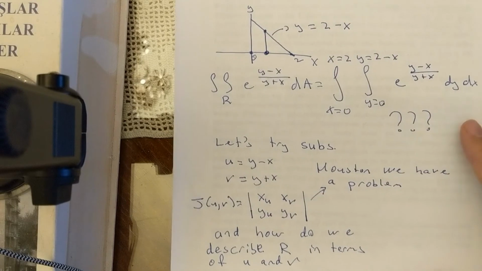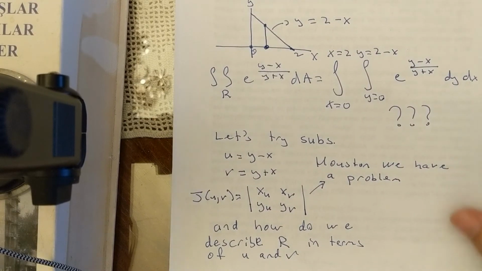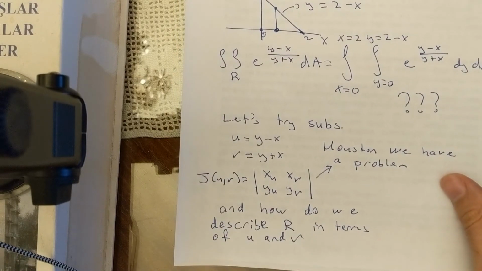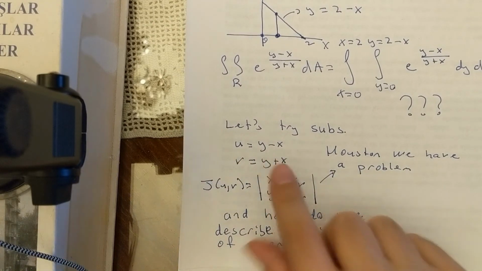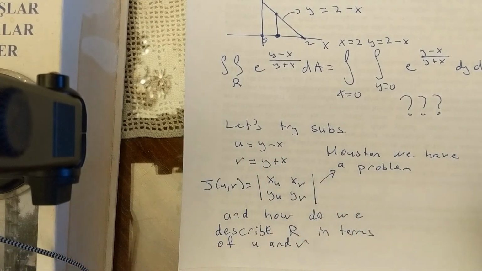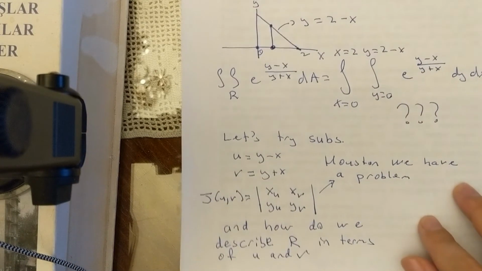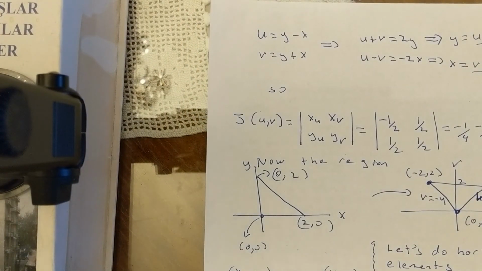I will say, have no fear. Your friendly neighborhood mathematician is here. If we do this slowly but surely, we'll get someplace. So first, we don't like this. Our idea was not to write u in terms of x and y and v in terms of x and y. Just the opposite. We want to write x in terms of u and v and y in terms of u and v. So for this example, that's relatively simple, right?